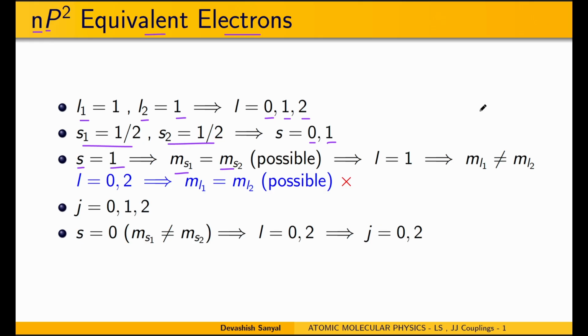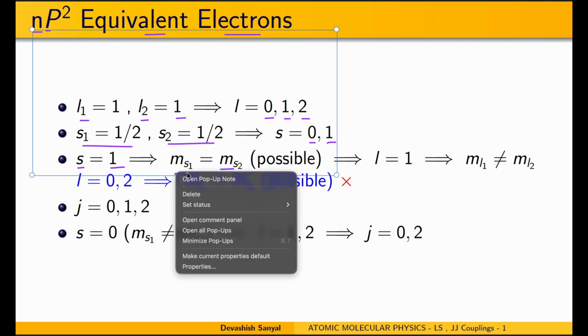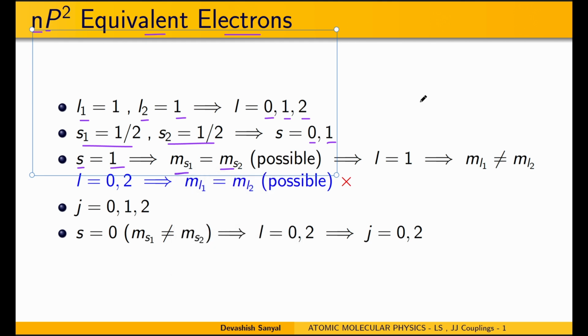It can be that ms1 is half and ms2 is half. So if S is equal to 1, ms1 equal to ms2 is a possibility. And since this is a possibility, these two quantum numbers can be the same.